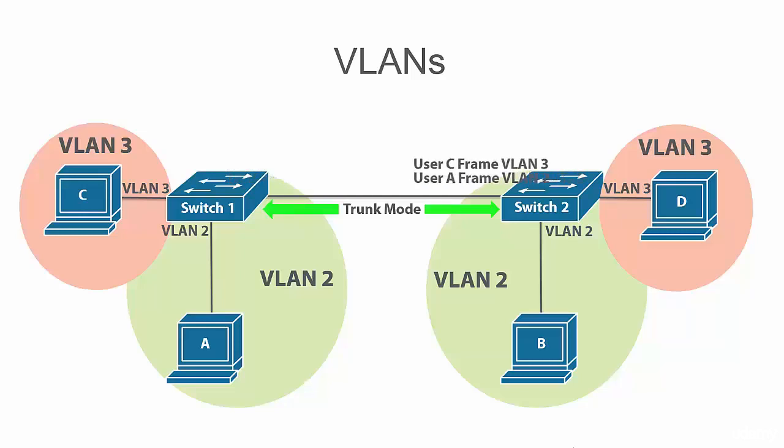Since there were VLAN tags assigned to these frames, now switch 2 knows which VLANs to send the traffic to. And that's how we can have multiple VLANs traverse a switch port.